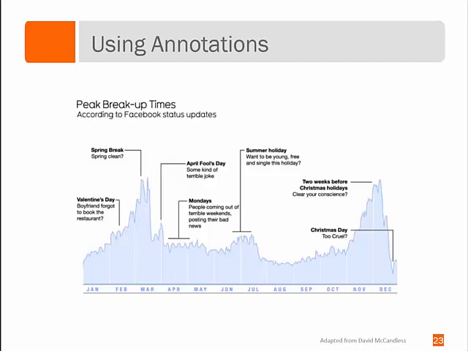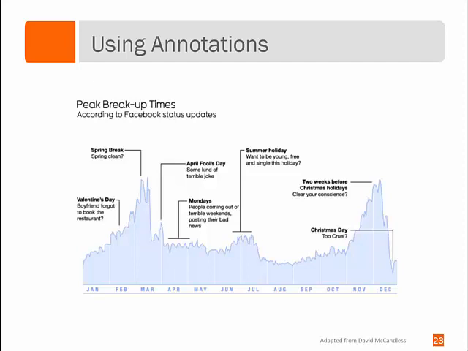And so we see on the x-axis January, February, March through December. So basically all 365 days out of the year segmented by months. And then we see different peaks and valleys where different individuals decide to break up their boyfriend-girlfriend status, perhaps move to a Facebook status of "it's complicated" or whatever.